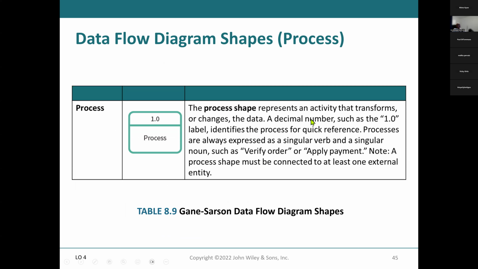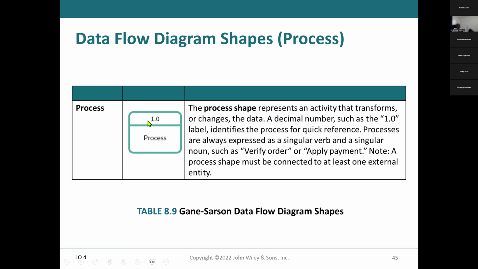And the decimal number, such as 1.0, identifies the process for quick reference. So processes are always expressed as a singular verb and a singular noun, such as verify order, apply payment, so on and so forth. A process shape must be connected to at least one external entity.